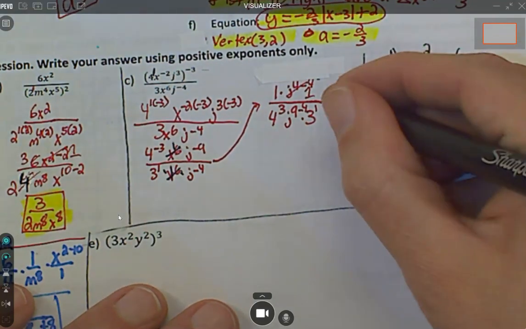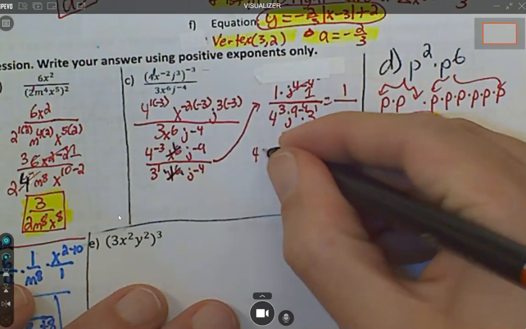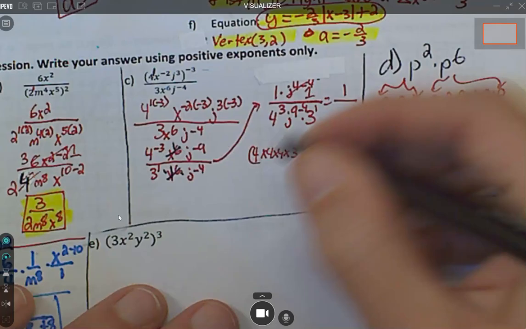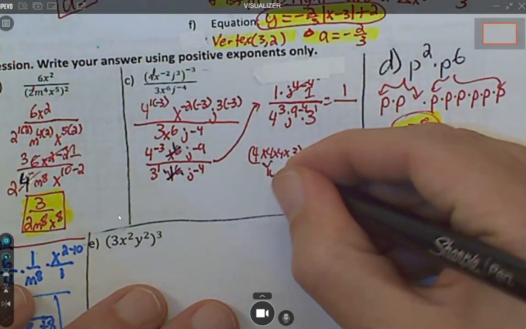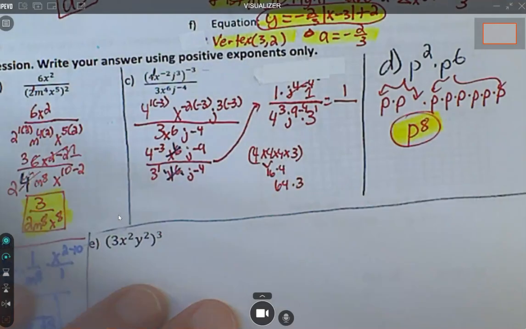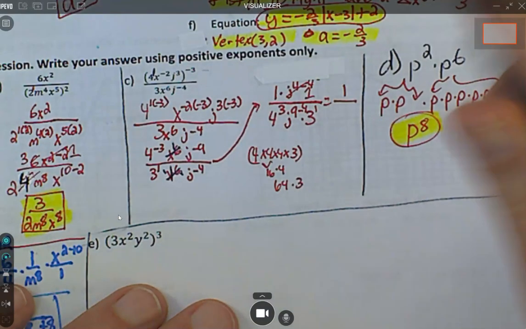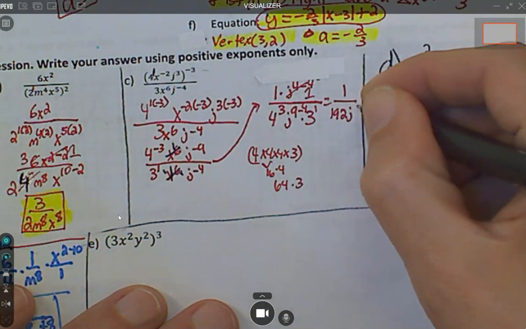So on top we got 1 over, okay, we got 4 times 4 times 4 times 3. Sixteen times 4, 64. 64 times 3, 12, carry the 1, 192. And you still got 5 j's down there.